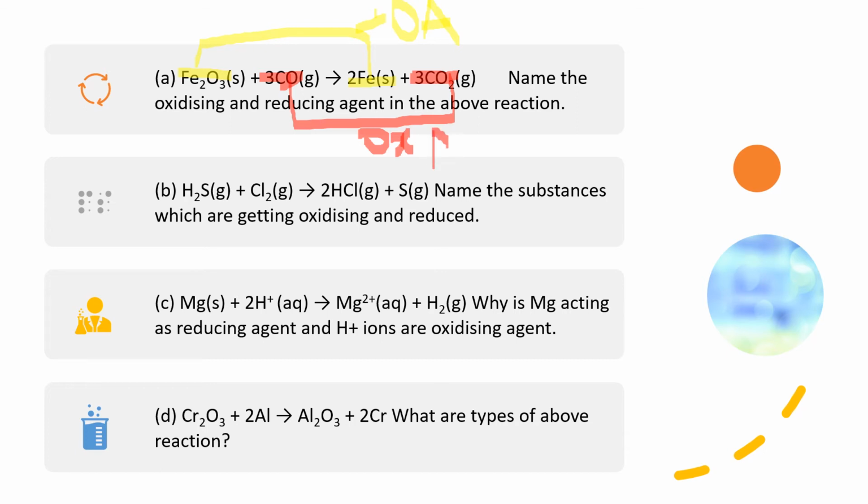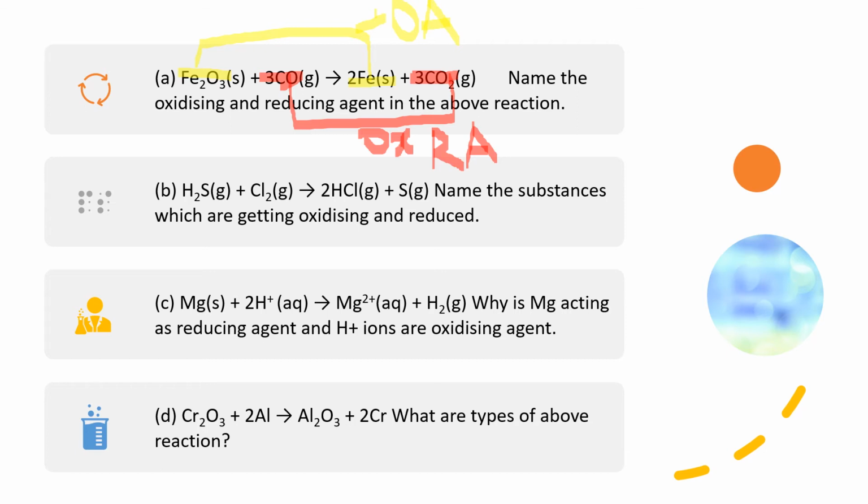Carbon monoxide is the reducing agent. Clear? Fe2O3 is the oxidizing agent and carbon monoxide is the reducing agent. Agent means the cause, so it is on the reactant side. Clear? Now moving to the next question, that is H2S gas plus Cl2 gas, you will get 2HCl plus S.